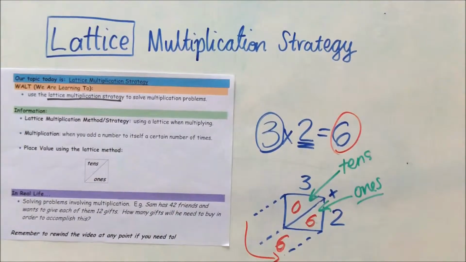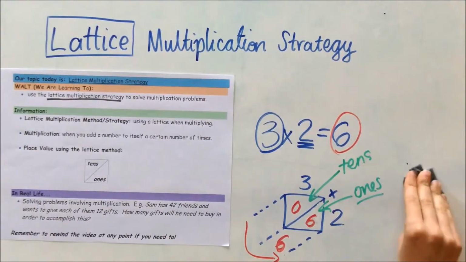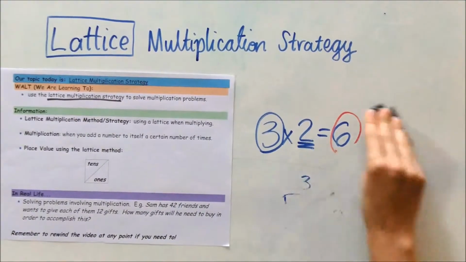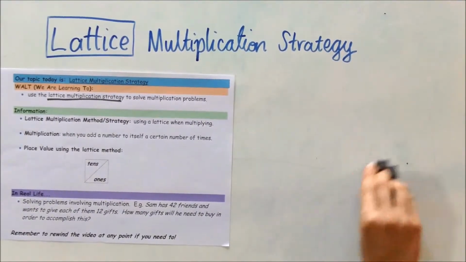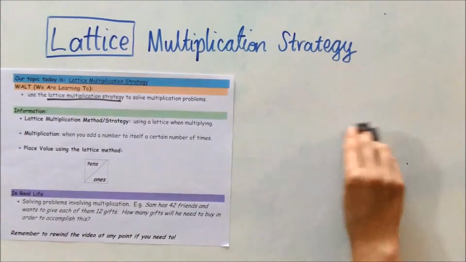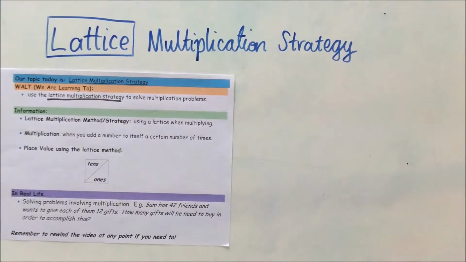Now, we will use this strategy in class for practice, and I'll just show you a few more examples in a moment. But just a reminder that multiplication isn't just something that you learn at school just because the teachers say so. It's actually something that can help you solve everyday problems.